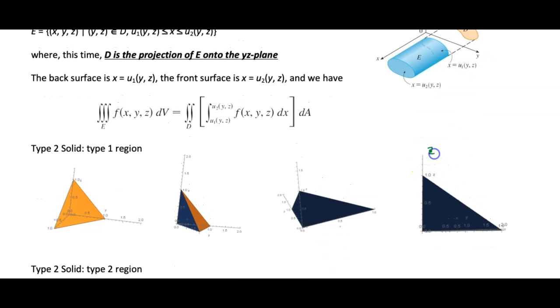So this is the zy plane. And in a type 1 region, we can draw this vertical arrow and we can write these bounds as where z is a function of y. So where's z? And in this case, because this is 1, and this is also 1, we can write this as z equals y minus 1, just because we know that this is going to be z plus y equals 1.